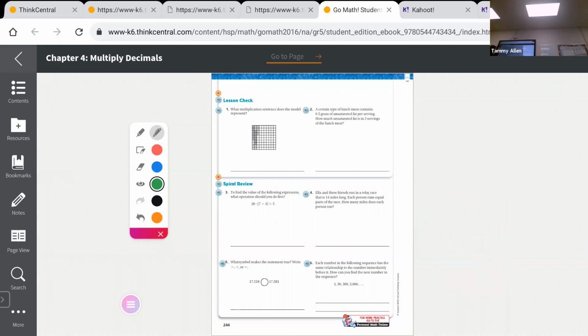All right, number 5. What symbol do we put in there, and at what point do we know what symbol to put in there? Put a less than because the hundredth place is bigger. Less than because the hundredth place is bigger.